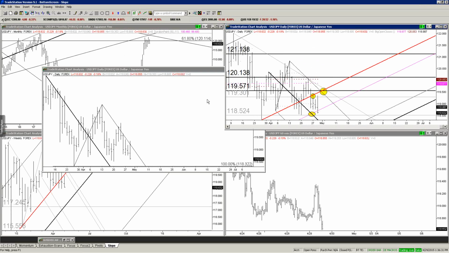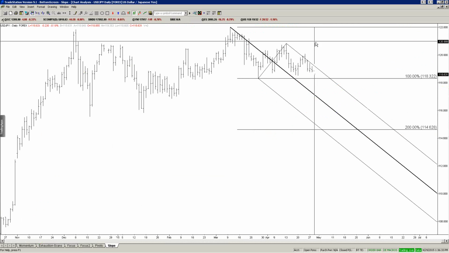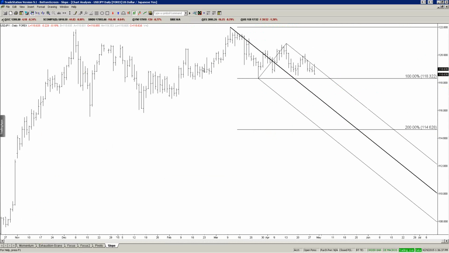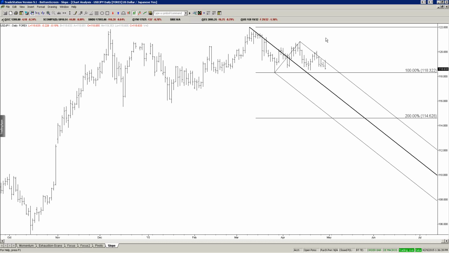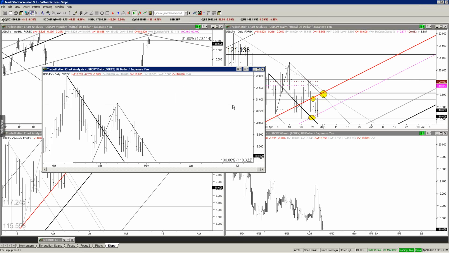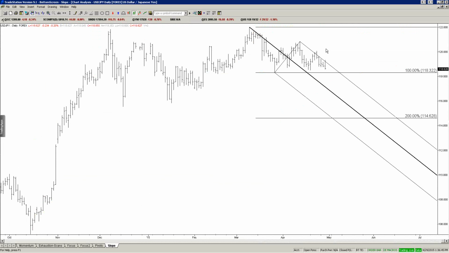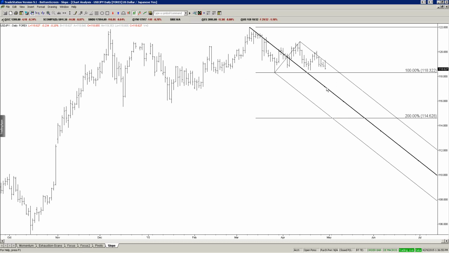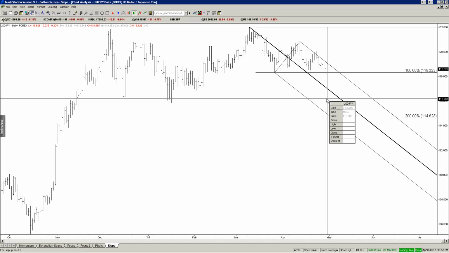Hold on here. 114.60, and this is the daily chart. So if we end up breaking today, FOMC, then you're going to get 17.15, 17.20 today. If it breaks below that, then this median line becomes resistance again.